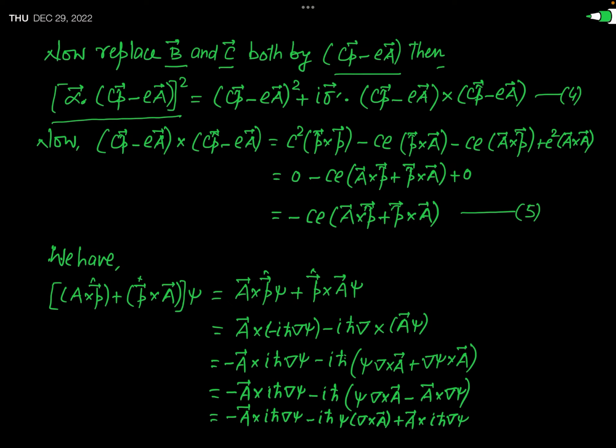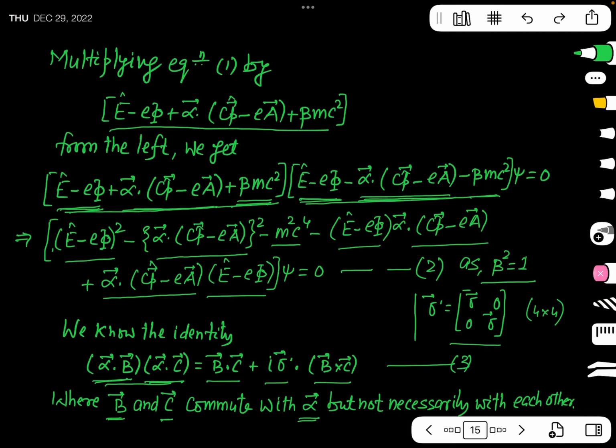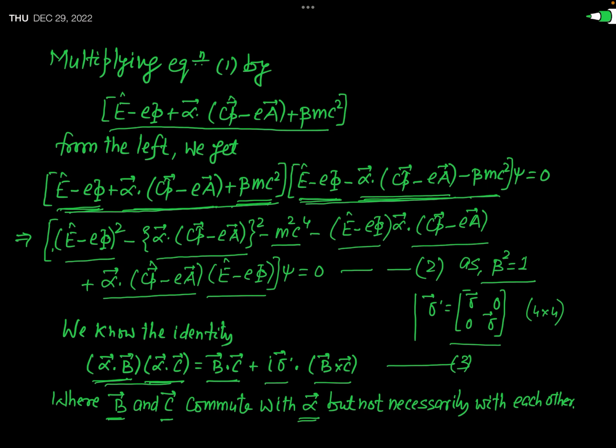Okay. And in the RHS you can see there is b·c, but we have considered that b and c are the same, equal to cp minus eA.